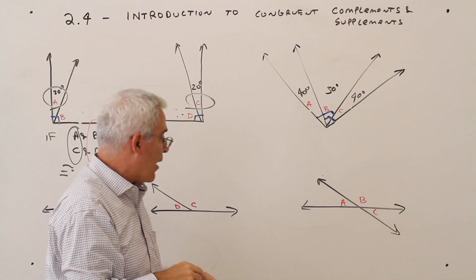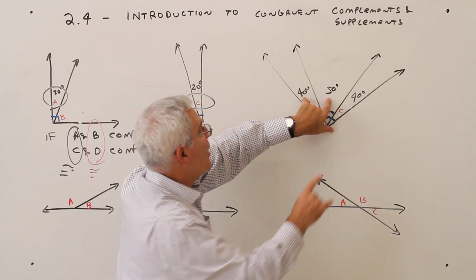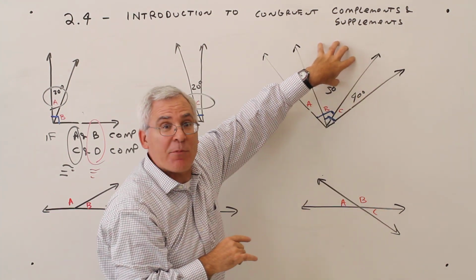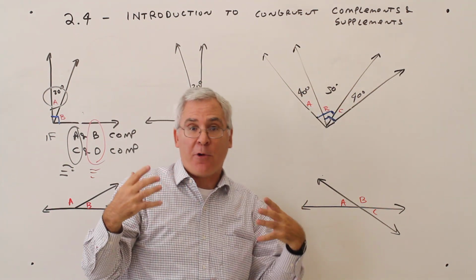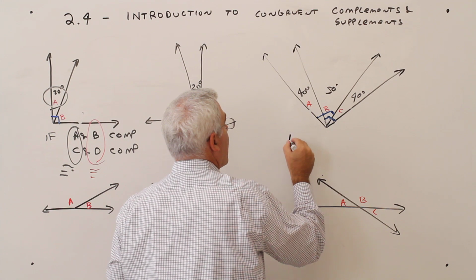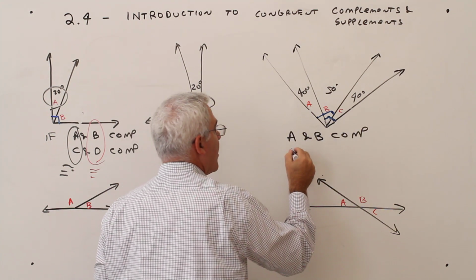So here's what I'm going to say. Hey, if A and B are complementary, and B and C are complementary, and they share the same chunk, 50, then those other parts must be congruent. Let me write it down this way. A and B are complementary.